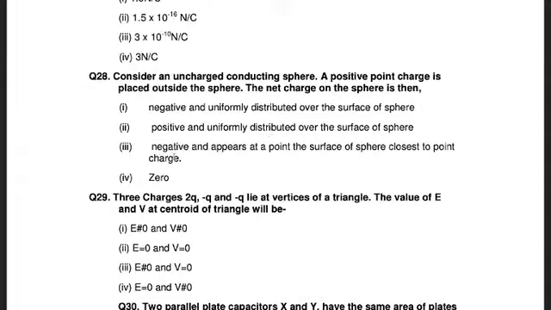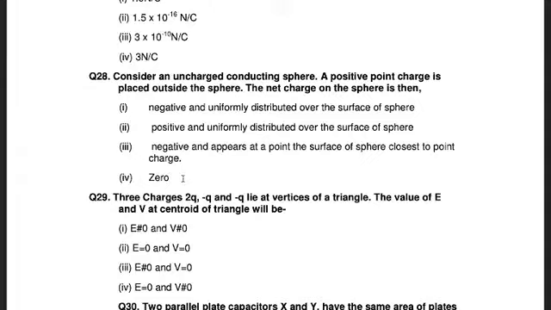Option 3, negative and appears at a point on the surface of the sphere closest to the point charge. Option 4, 0. Correct. The answer is option 4, 0.